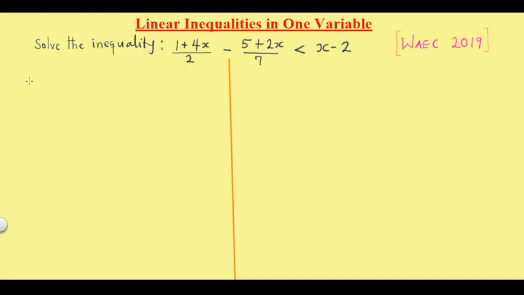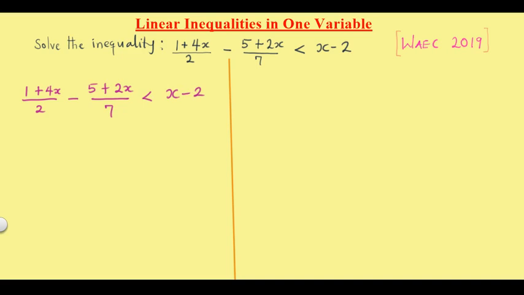The question says 1 plus 4x divided by 2, minus 5 plus 2x divided by 7, less than x minus 2.